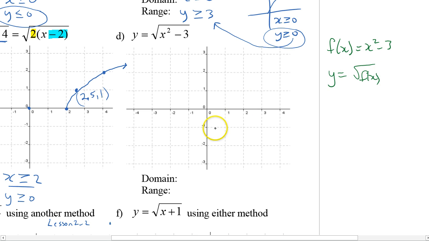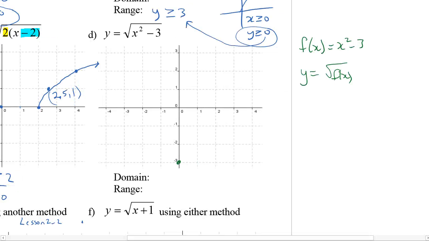So x squared minus 3 starts at minus 3 here, and you'll recall that it's a good idea to figure out what the intercepts are. If I say 0 is equal to x squared minus 3, I'll get 3 is equal to x squared. So x is going to be equal to plus or minus the square root of 3, which is about plus or minus 1.7. So at 1.7 here and negative 1.7 there.